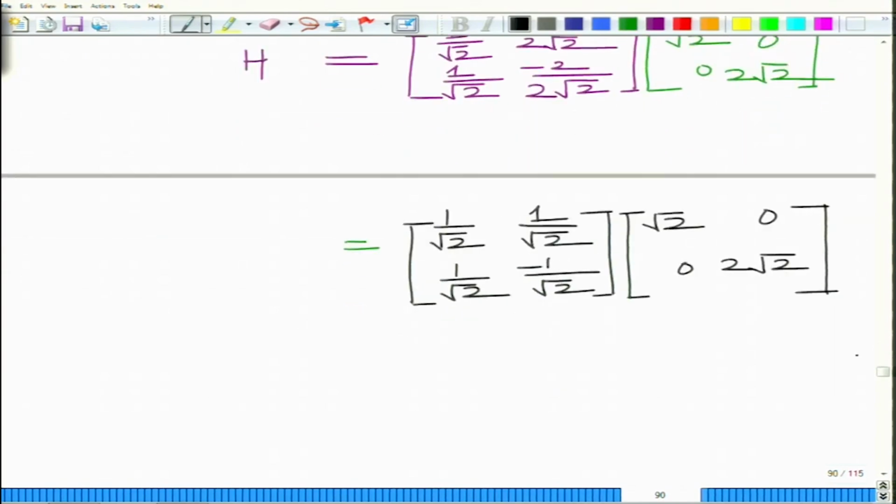So we are done to some extent. So we have orthonormal columns, which means you have columns which are orthogonal to each other and also have unit norm.